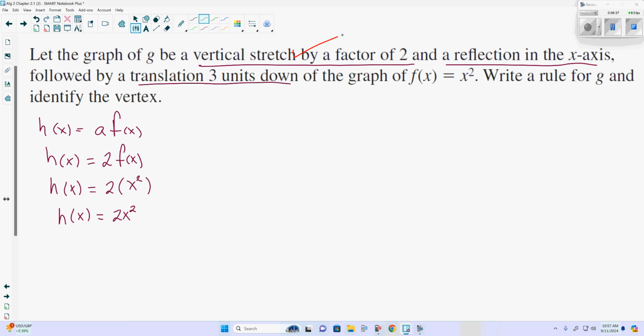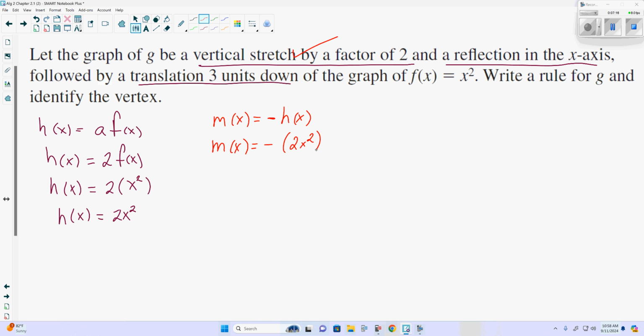And yes, our next one would be reflection in the x-axis. So we'll call it m of x. To do a reflection in the x-axis, we take a negative and apply it to the front. It'd be negative f of x normally, but we're not applying it to f of x. We're applying it to h of x. So it's just negative h of x. We still have the negative, but we're going to replace h of x with what it equals.